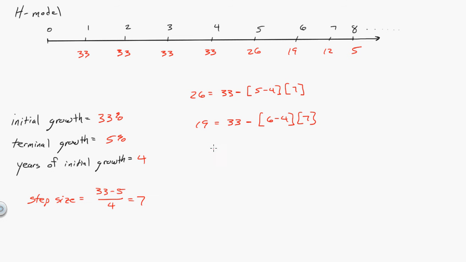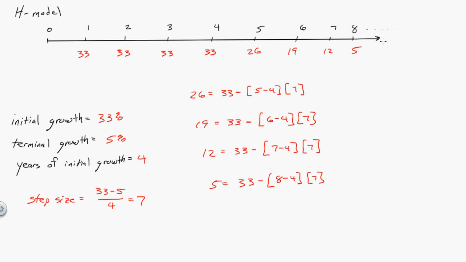That gets me to the 19, and then 12 is equal to 33, where I started, minus, I've taken 3 steps now, and those steps have been a size of 7. That gets me down to 12, and finally, I'm at 5. That's 33 minus, I've taken 4 steps, 8 minus 4, times 7.